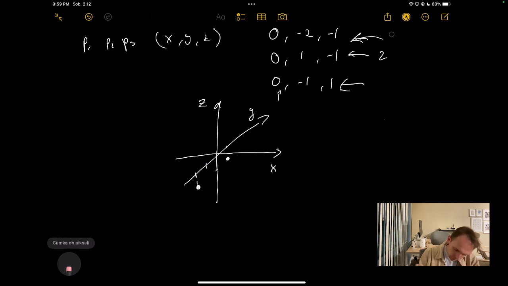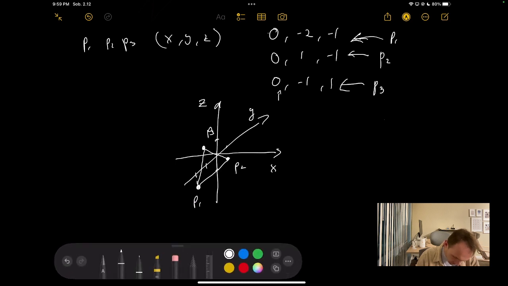This is P1, P2, and P3. P3 is minus 1, 1, somewhere around here. And here's our triangle.